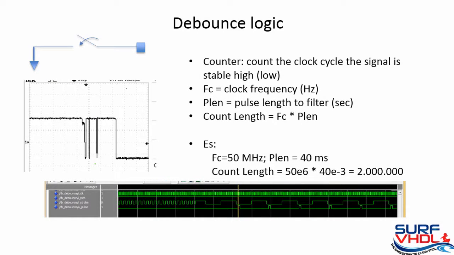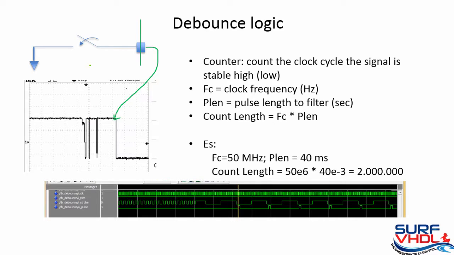In the previous live section, we understood why we need the bounce logic at the input of the manual switch. This is because, in this case, here we have the FPGA, and at this point we have a behavior like this.